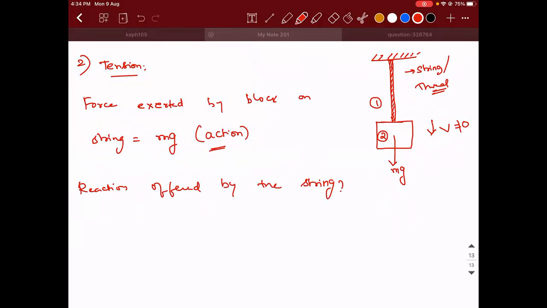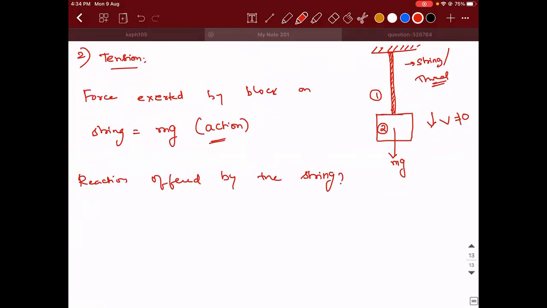Can you tell me? Sir, the string is continuously pulling the block and this is called tension. That's right. So the reaction offered by the string is what is called tension, and it is represented by the symbol T.